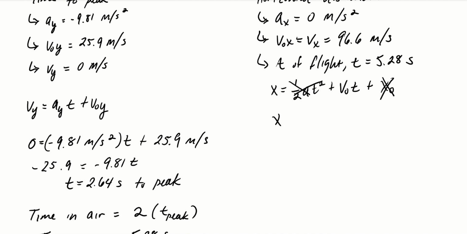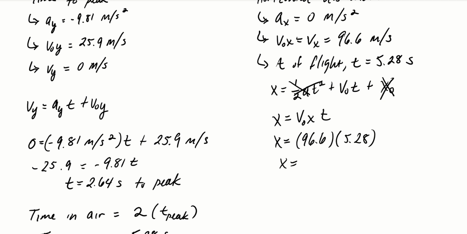So x, the position at which the projectile lands, our position of interest, is equal to our initial velocity in the x direction times time. So all you have to do is multiply 96.6 times the 5.28 seconds of flight.